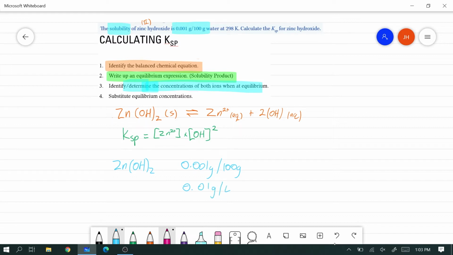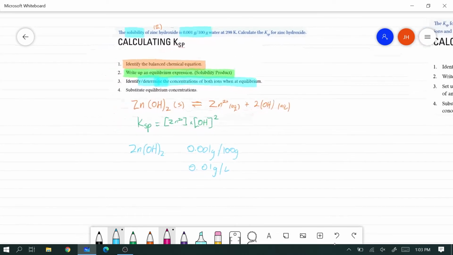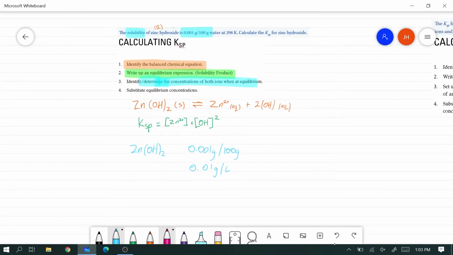And that gets us a really nice starting point. Now, when we're using our concentrations, we need to be using molar values. So to do that, I'm going to determine from this mass in a litre how many moles that is. So n is equal to m over M. That's 0.01 divided by the molar mass of zinc hydroxide, which you can just calculate using molar masses from the periodic table.